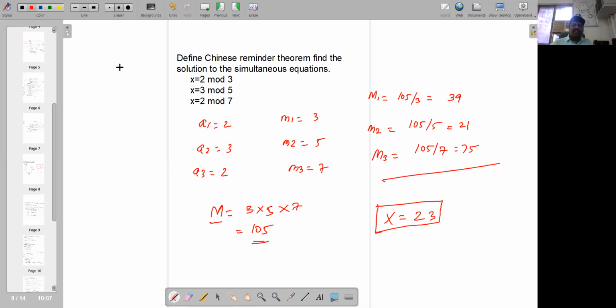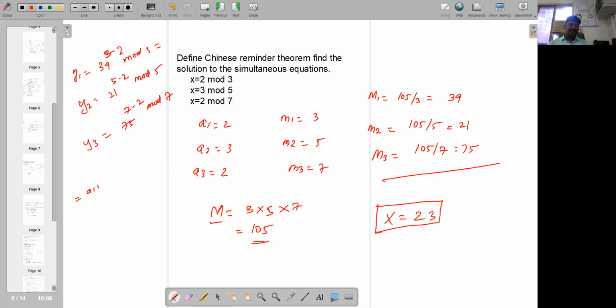So after this, you need to find the inverse modulo operations. Based on whatever value you get, y1 is equal to 35 power 3 minus 2 mod 3. y2 equal to 21 power 5 minus 2 mod 5. y3 is equal to 15 power 7 minus 2 mod 7.